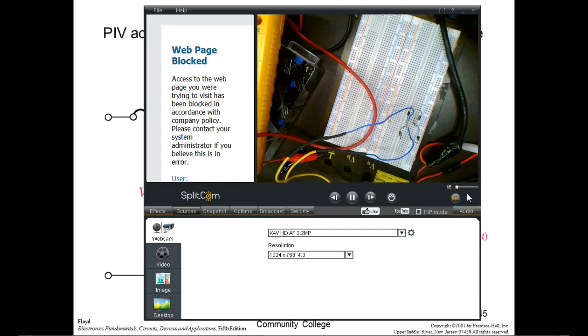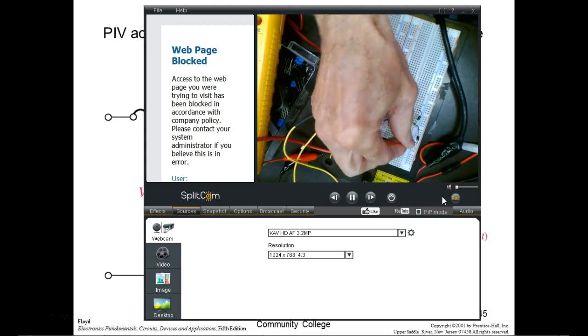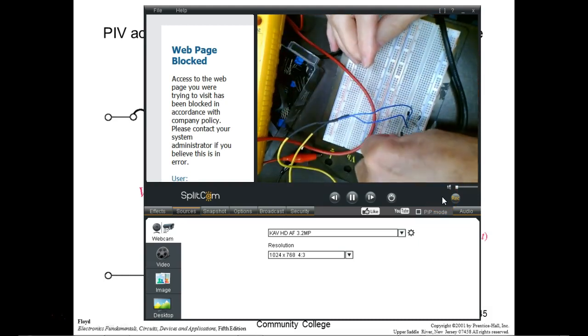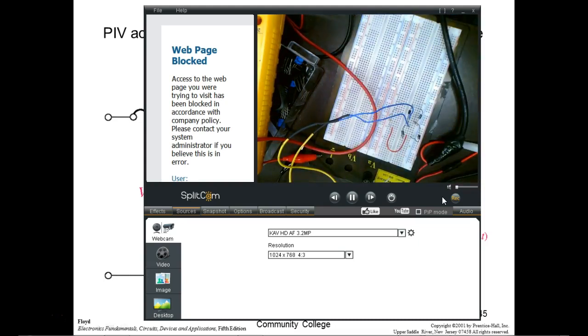So I'm going to take my load and come off my common anodes and hook it up to the top of the resistor. And then I'm going to come up here and take my common cathodes and hook it up to the bottom of the resistor.